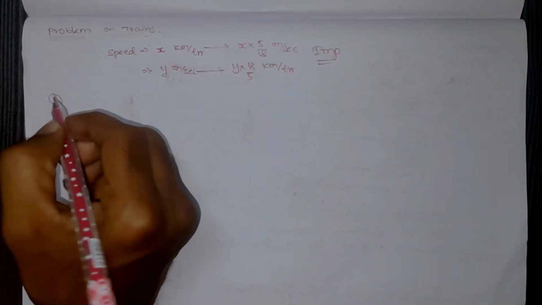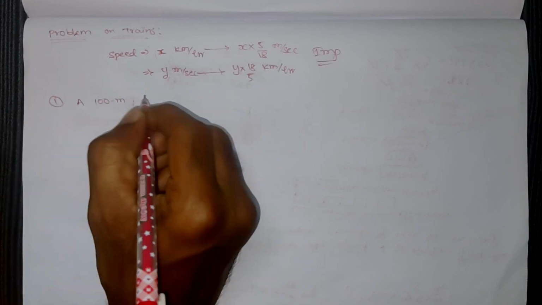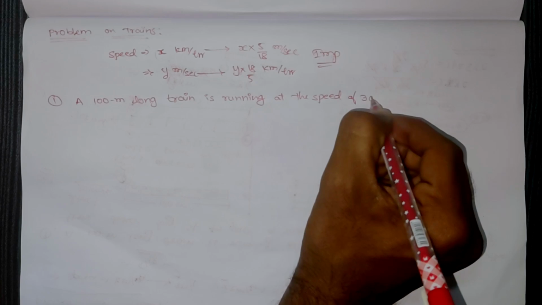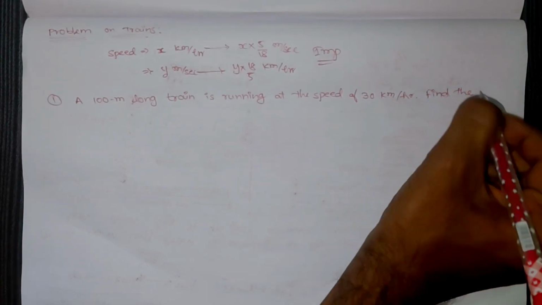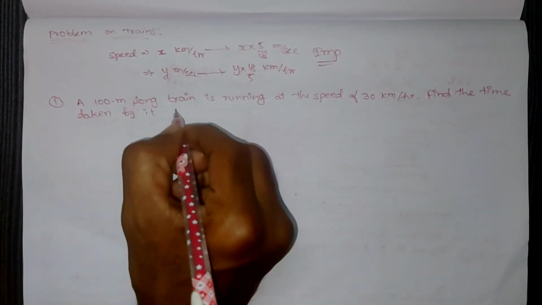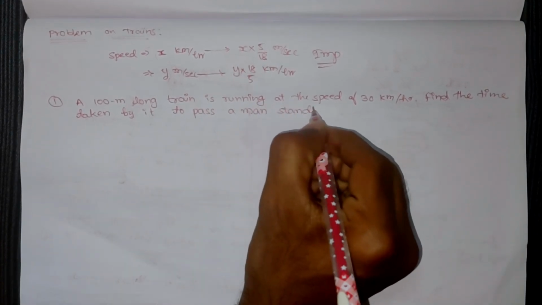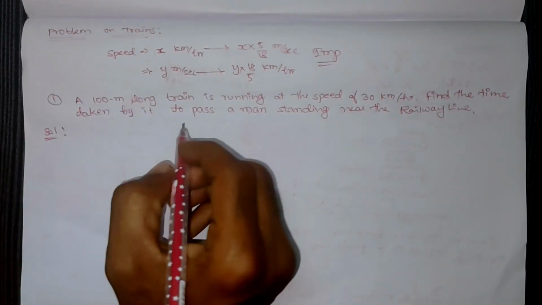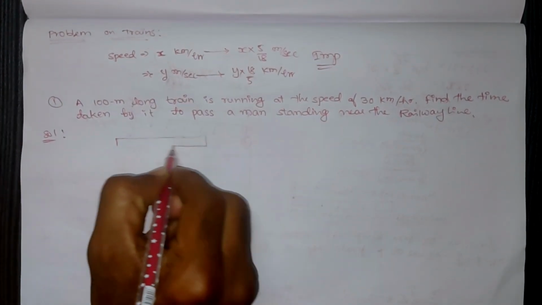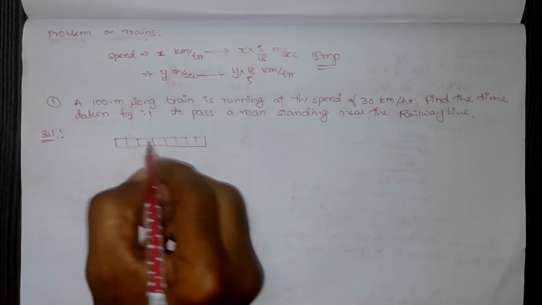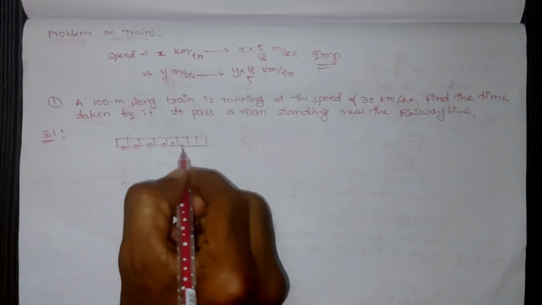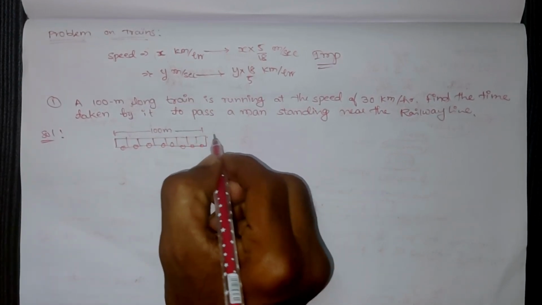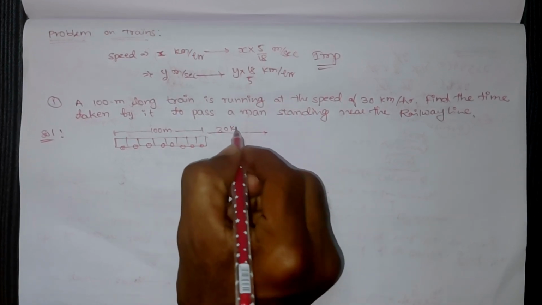And well, coming to the question. Here a train which is about 100 meters long is traveling at a speed of 30 kilometers per hour.